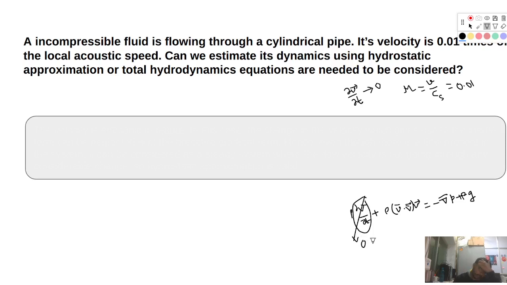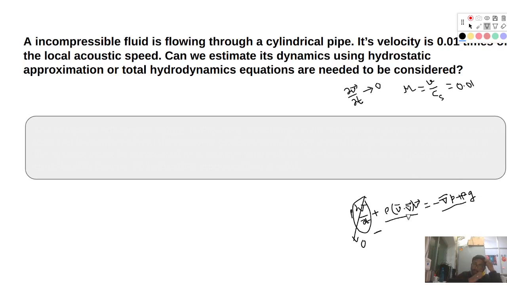Fine. Now if we don't have any information of change in the velocity with time, we are basically in the hydrostatic approximation, right? So we don't have any dynamic term in this. We only have some change in the velocity with spatial dimension, and also we have some force, right? But we don't have any change in the velocity with time, even though there are some forces acting upon the flow, right?